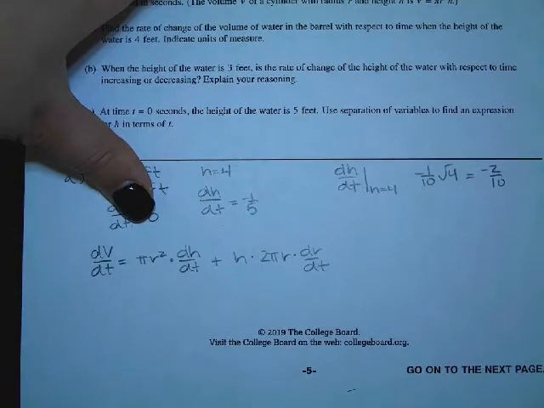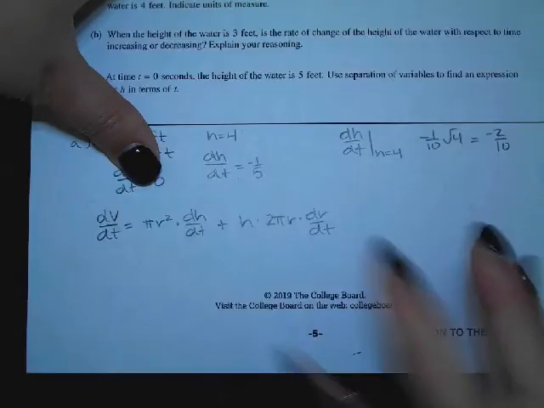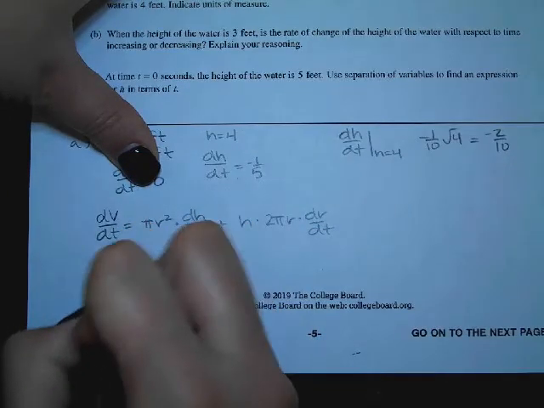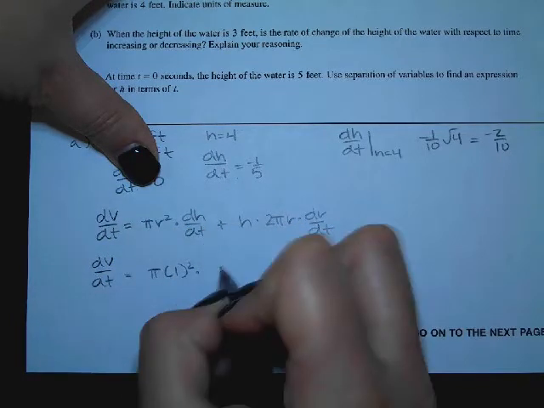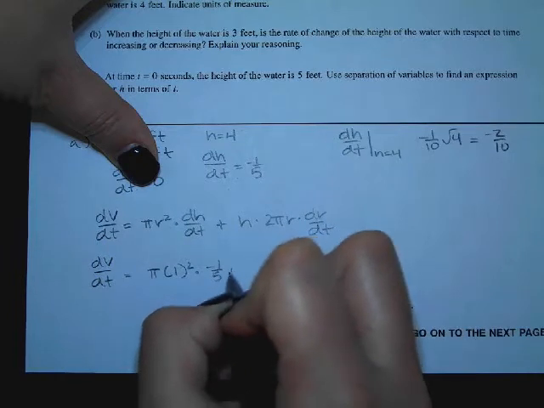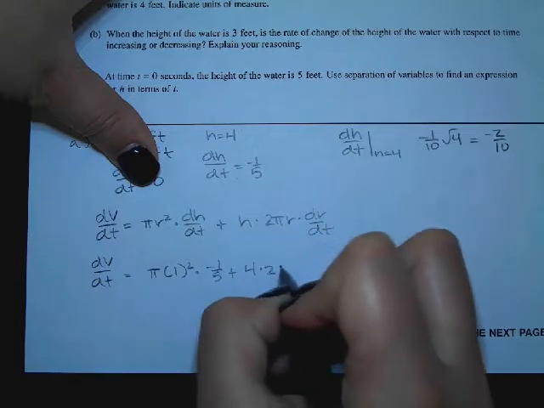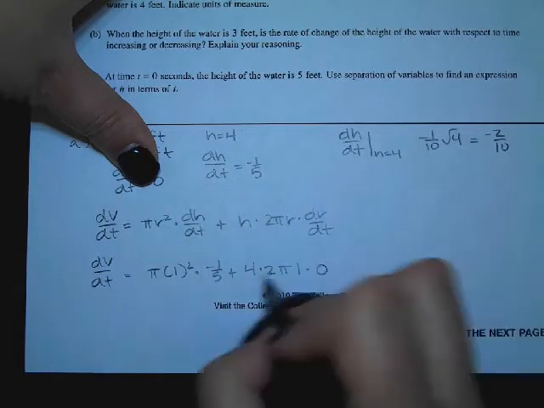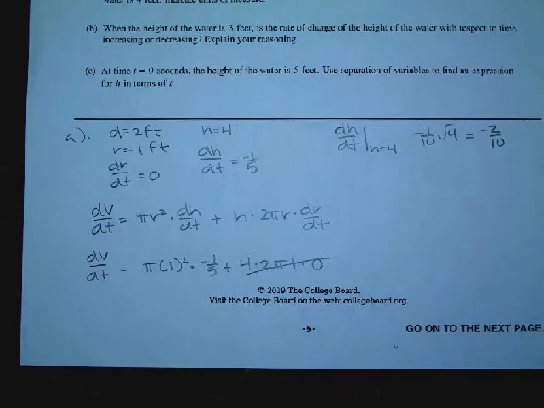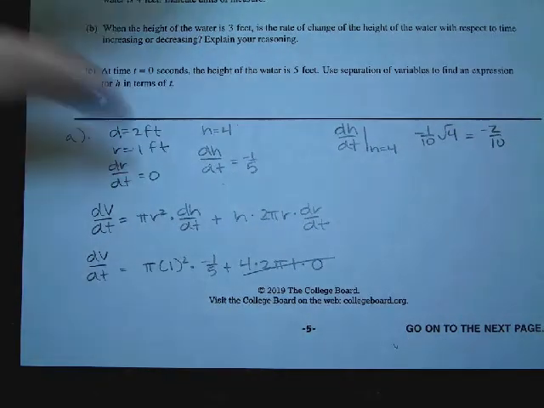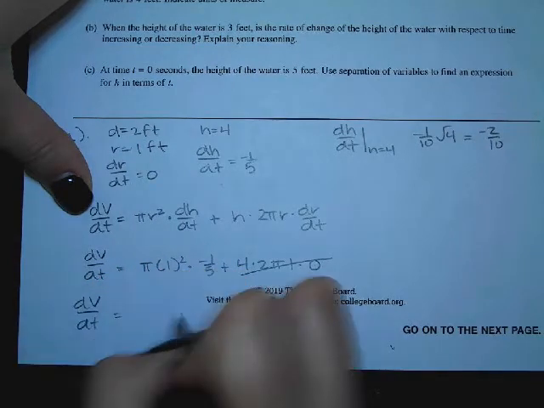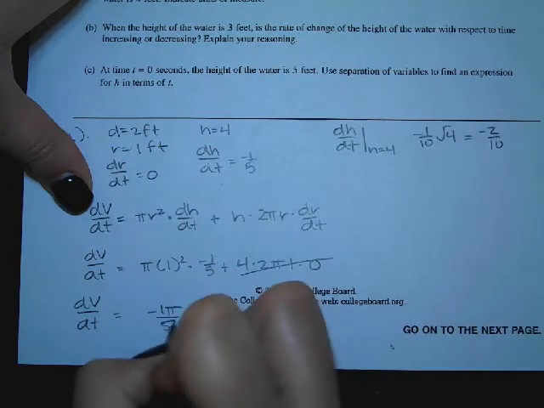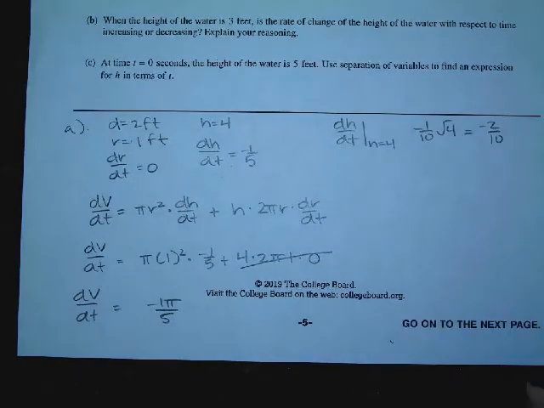And then I can go ahead and just plug everything in. So pi times 1 squared times -1/5, plus 4 times 2 pi times 1 times 0, so that's nothing, because the rate of change of the radius is nothing. And then I get that the rate of change of the volume is -pi/5, and they want the units on that.